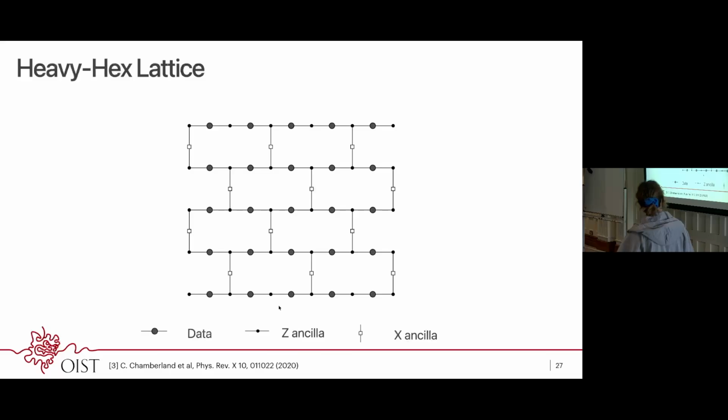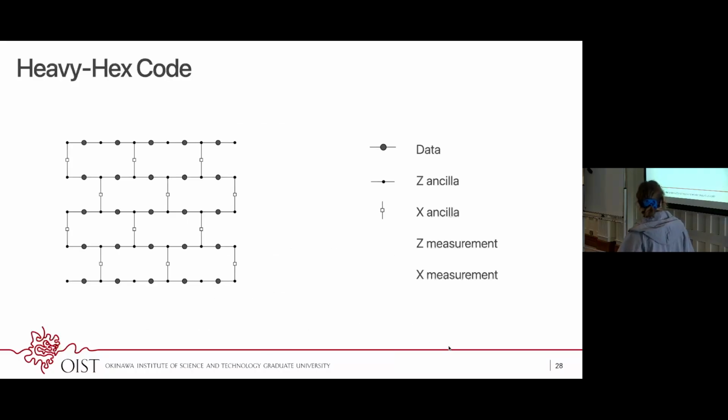The small black circles represent the ancillas, and the white squares represent the X ancillas. The measurements of the heavy hex code are represented by the highlighted areas, which is not that clear here.